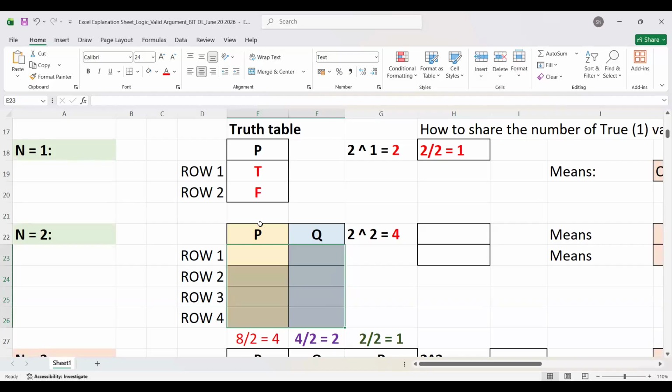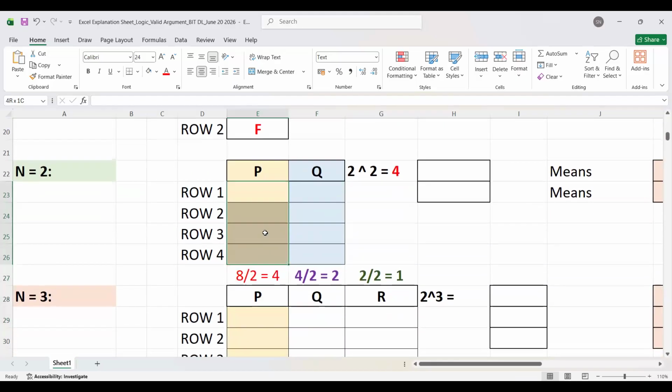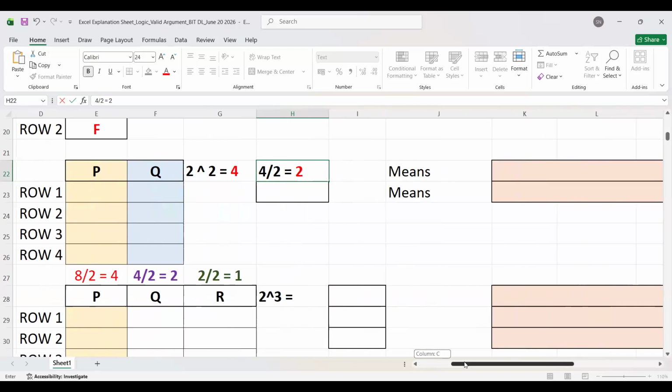So for you to know the way to share the true or false for the first statement, you take the result of 2 raised to the power 2, which is 4, and then you divide 4 by 2. Always divide the result by 2. The answer you get is the way to share, which is 2. So we are going to share the true or false 2, 2.